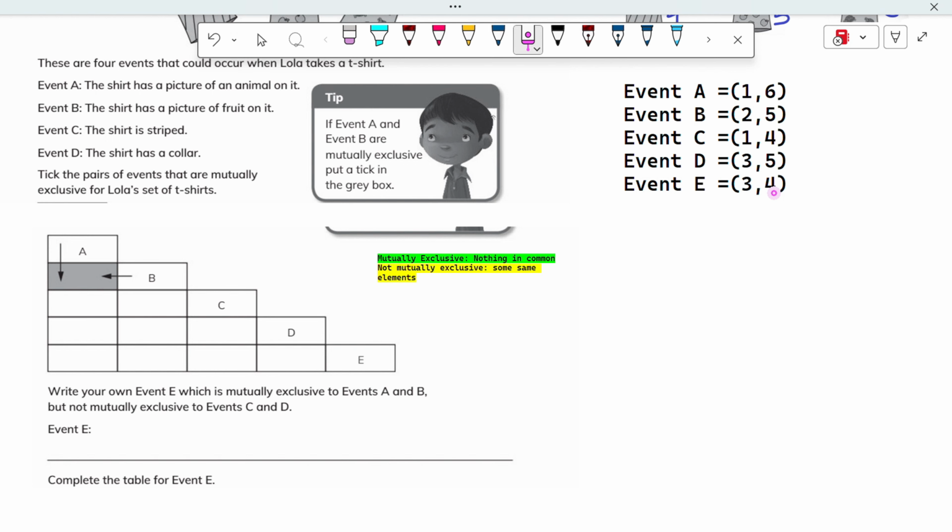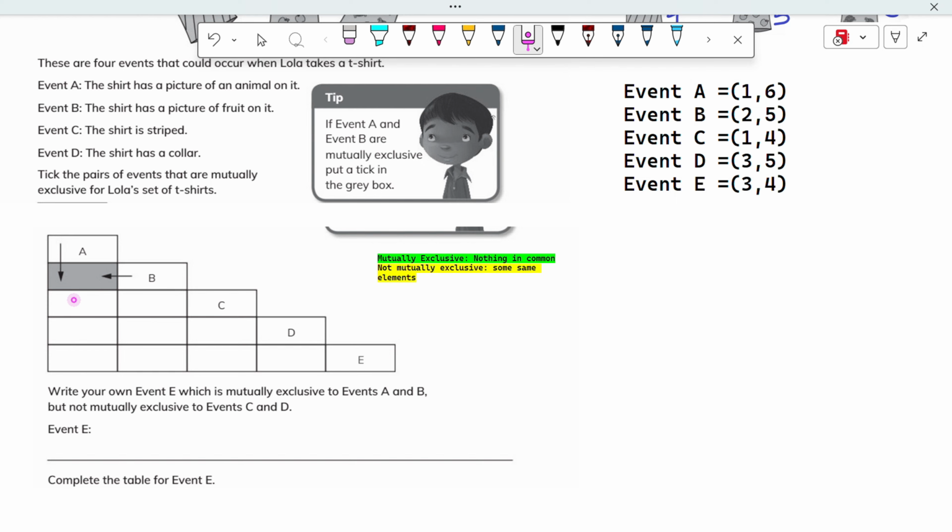So we've checked for C. And in event E, there is also 3 here for event D. That means that event E has something in common with C and D. That means that event E is going to be entailed with the shirts 3 and 4.